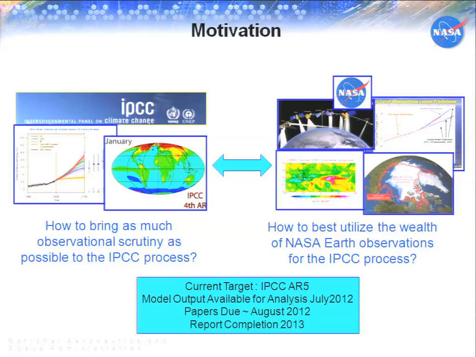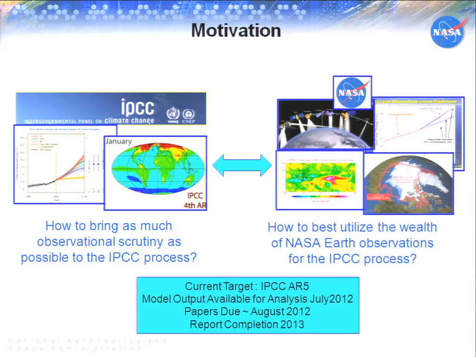They use observations, or at least they want to. But because of the problem, they have to find the data first. They have to stage the data. They have to FTP it and bring it to their local servers. It's just too cumbersome, so they don't do it. What we want to do is provide that kind of capability so they can use it. They don't have to go through that pain.